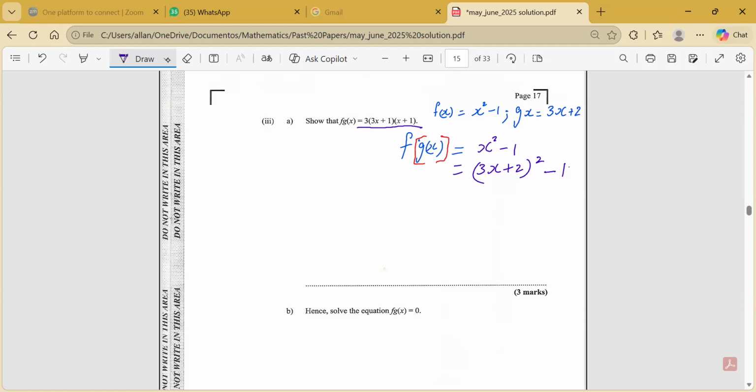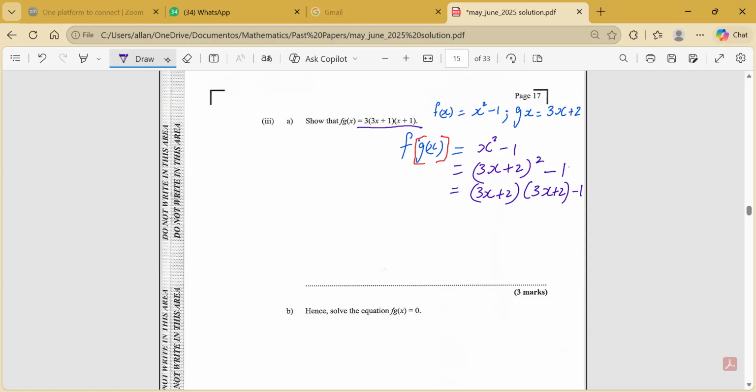No, Marcus. What you're going to do, Marcus, this part, you're going to take it as 3x plus 2 multiplied by itself because it's squared, minus 1. So you have to expand this bracket. So I give you the third line, Marcus. You didn't do the correct thing.